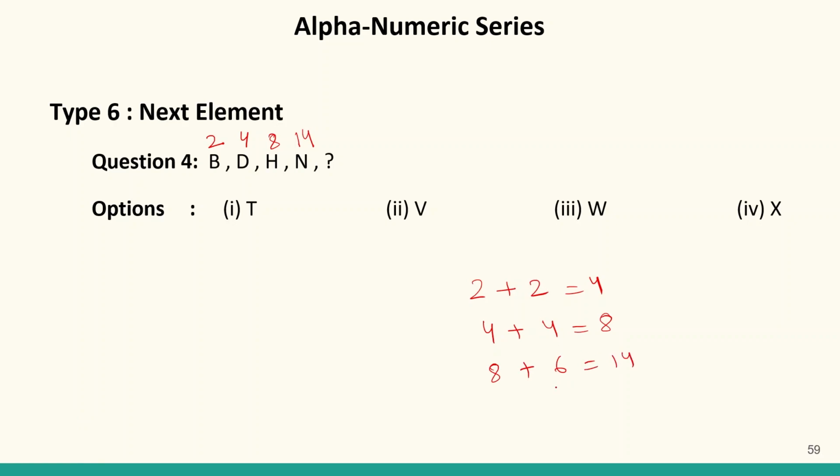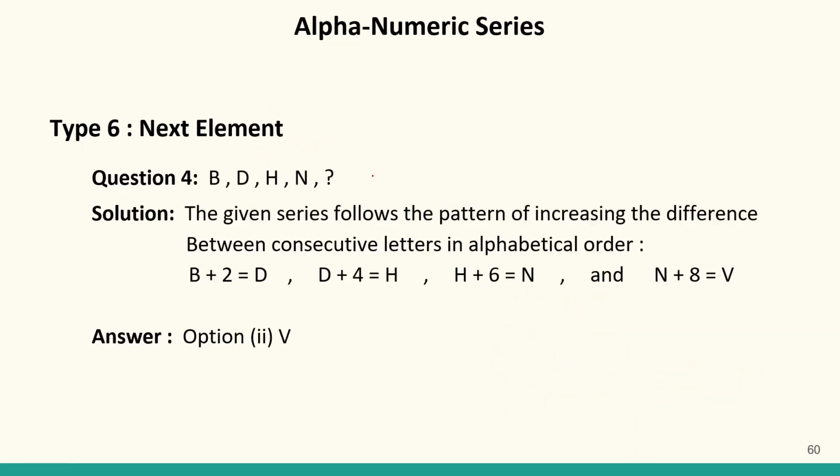So we are increasing the number of positions also. Next will be 8 positions after 14. That will give us the 22nd position, so the 22nd position belongs to it. So our answer will be option 2, B.